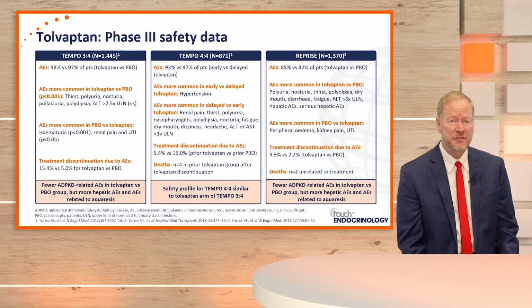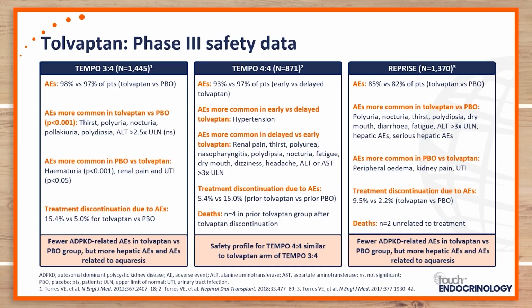Looking at some of the phase 3 safety data for tolvaptan, starting with the TEMPO 3:4 study, what they found is that there were fewer ADPKD-related adverse events in tolvaptan versus placebo group, but there were more hepatic adverse events and adverse events related to aquaresis.